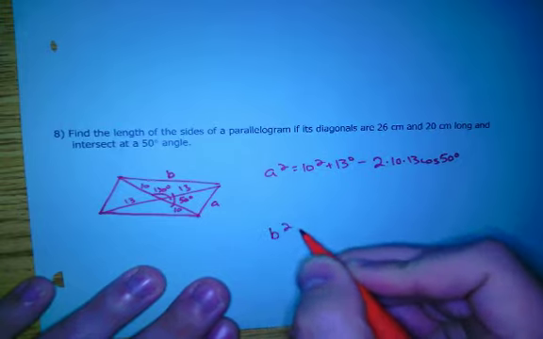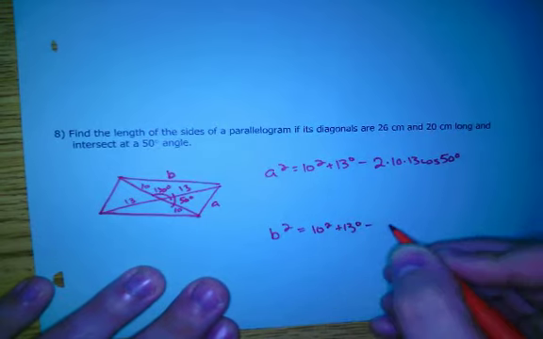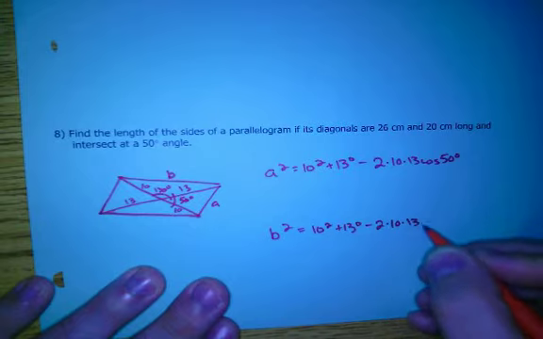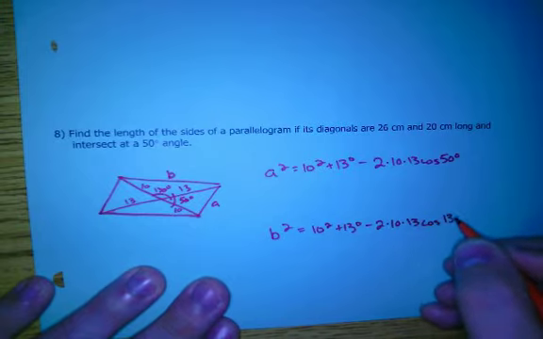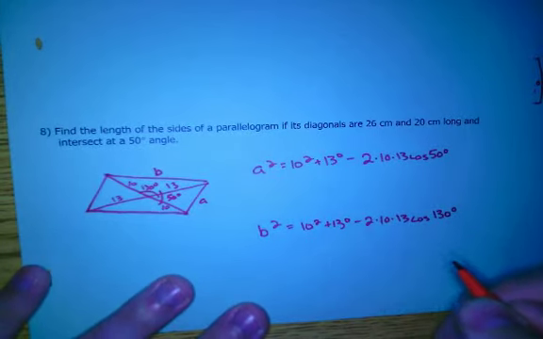Finding B is very similar. It's going to be 10 squared plus 13 squared minus 2 times 10 times 13, but this time cosine of 130 degrees. Okay?